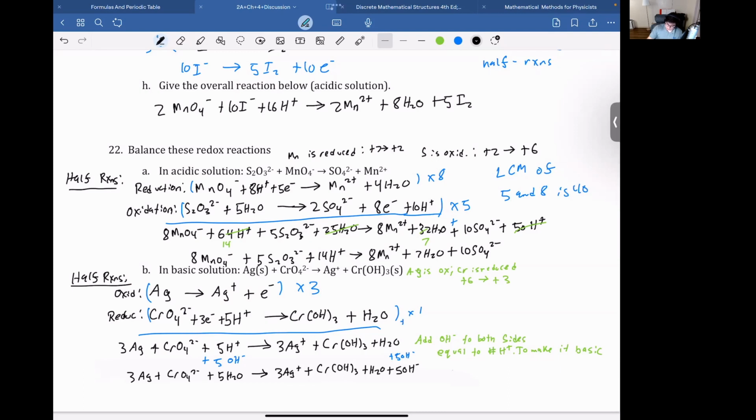Now you can see I have no protons. Now we have to cancel out the water. There's only one thing to cancel out here, right? So this goes to a 4. Then our final answer, 3Ag plus CrO4 2 minus plus 4H2O yields 3Ag plus Cr(OH)3 plus 5OH minus. And there we go.